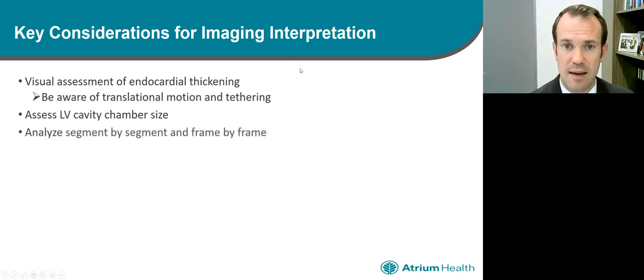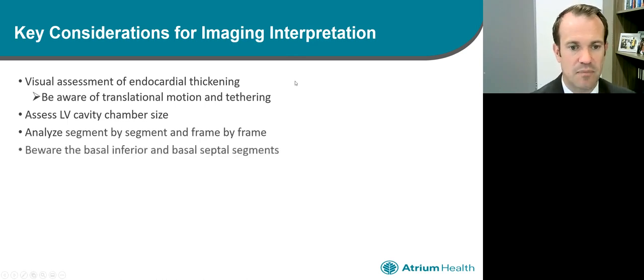We'll look at each segment by segment, going frame by frame, particularly in early systole. We want to be careful of the basal inferior and basal septal segments, as they can be tethered by the fibrous annulus, particularly if there's mitral annular calcification or a mitral valve ring or prosthesis there, but there should be normal thickening.